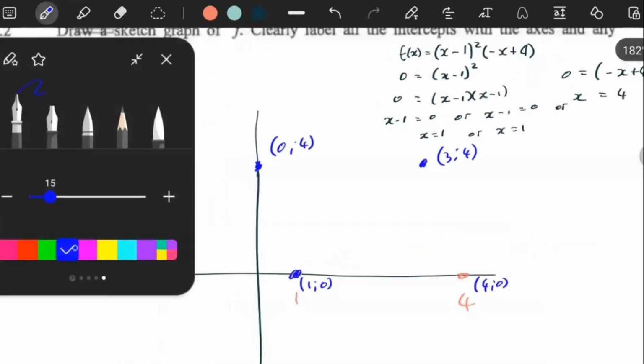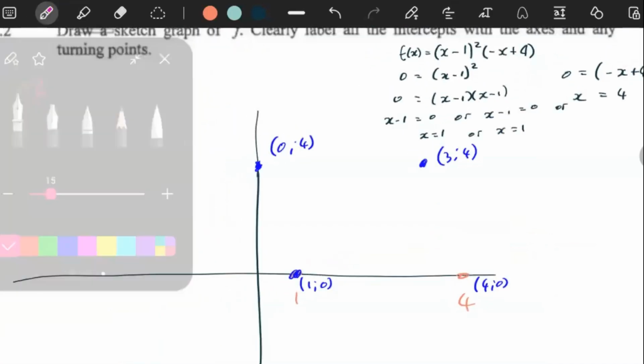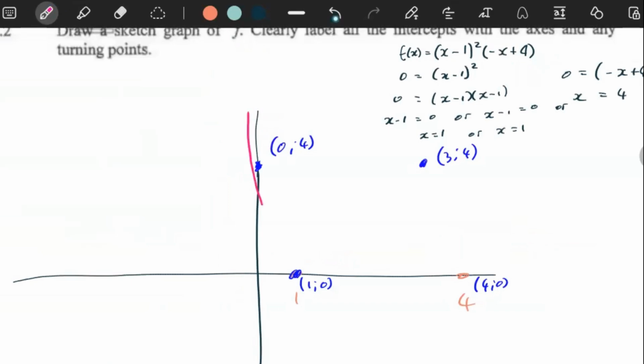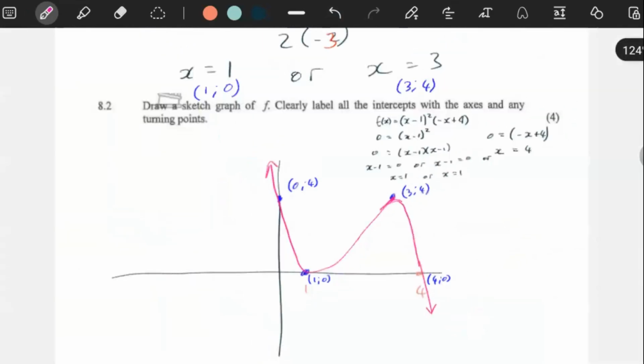So with all this being said, your picture will look as follows. It will be going down, go up, then it will turn here, come back down. This is what your picture can look like. See, so this is the graph of f of x.